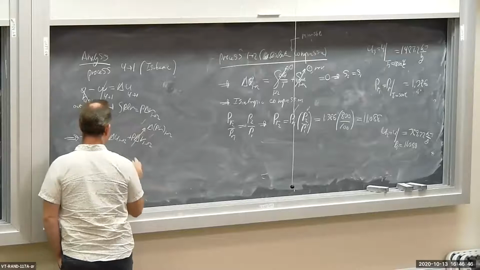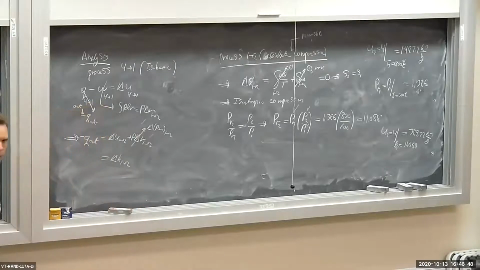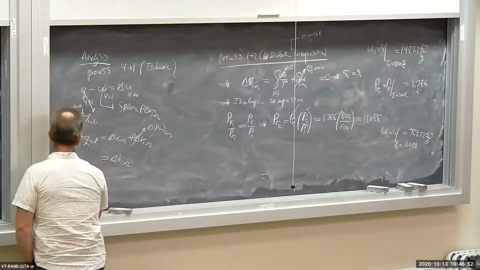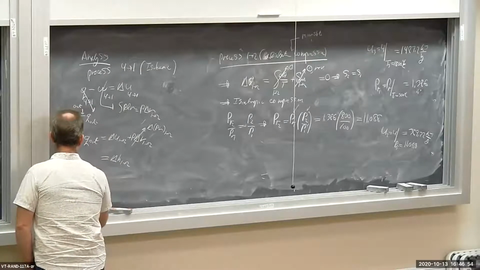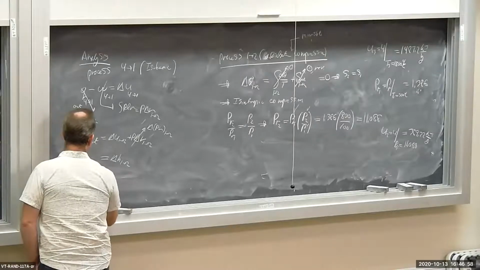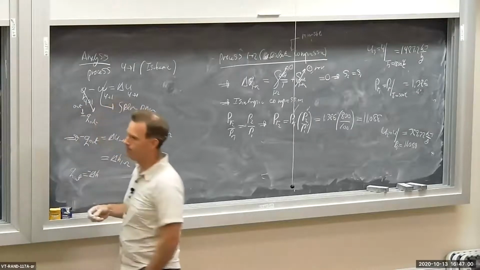So Q out, let's put the negative sign over on the other side. Q out is equal to negative delta H from 4 to 1.